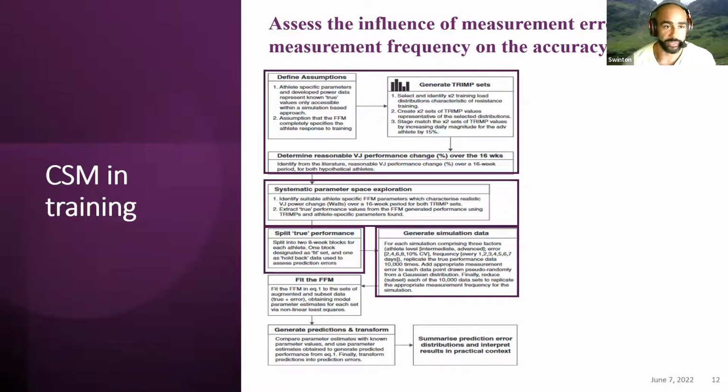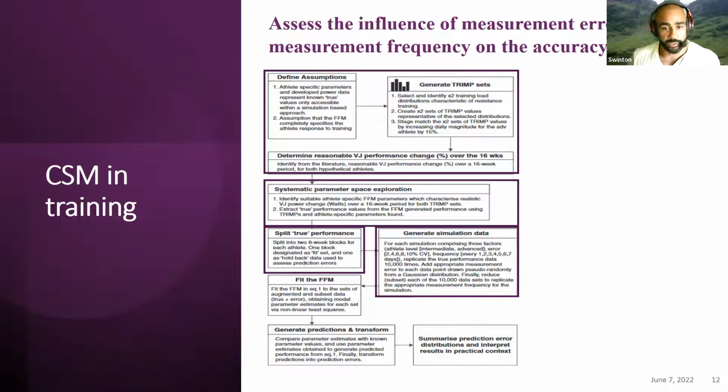In the simulation, many different measurement frequencies and error magnitudes are selected, so we are mimicking different measurement schedules. For example, what happens if we measure performance every day down to once per week, and also different measurement systems, from very accurate technology with 2% coefficient of variation, all the way down to cheaper, less accurate systems that maybe have up to 10% coefficient of variation.